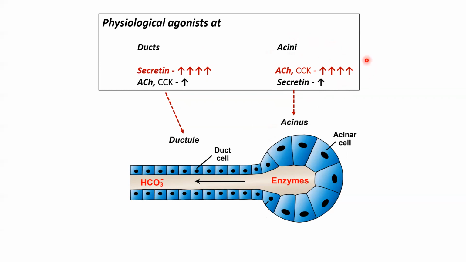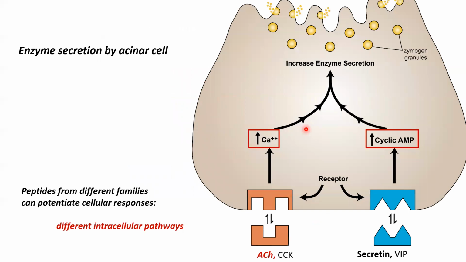Secretin will help, but it's a minor player in terms of the acinar secretion. And this is what I was talking about. Acetylcholine through CCK will activate calcium, whereas secretin, we already mentioned that, works through adenylyl cyclase, cyclic AMP, CFTR, chloride, fueling the exchange.